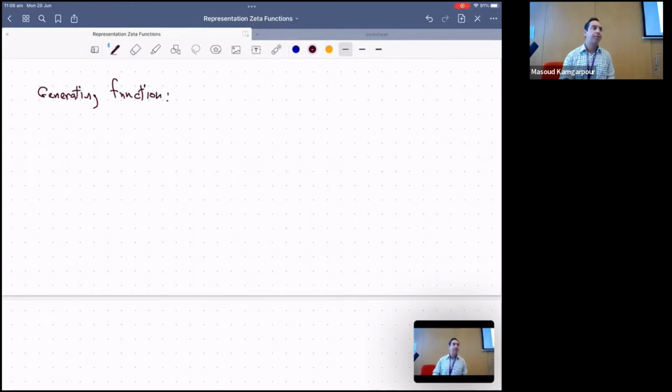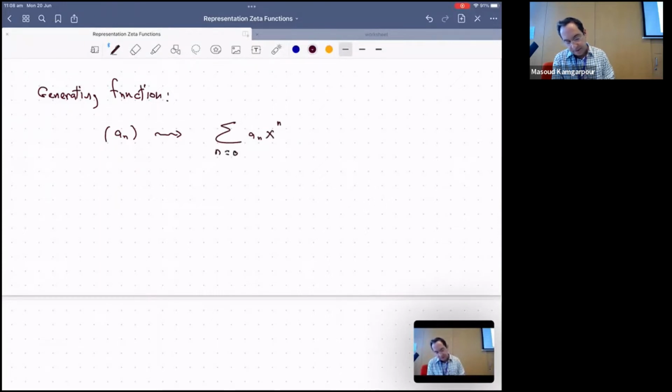There are two frequently used generating functions. You can take this sequence and associate to it a formal power series, which you've seen, I guess, in many areas in mathematics.